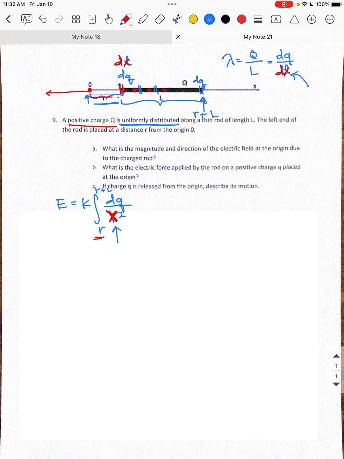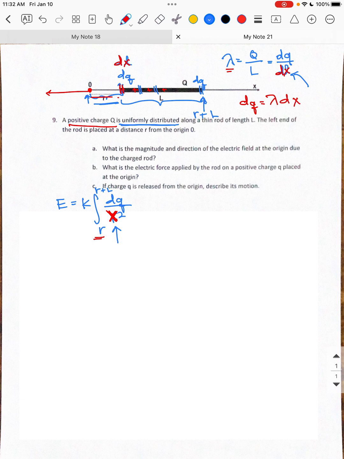So let's move on. We have a variable x and a variable q, and we want to make sure that we're integrating with respect to one changing variable. So since lambda is a constant, I can represent dq as lambda dx.